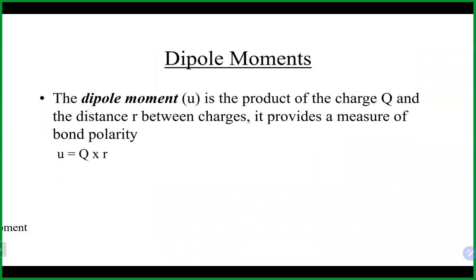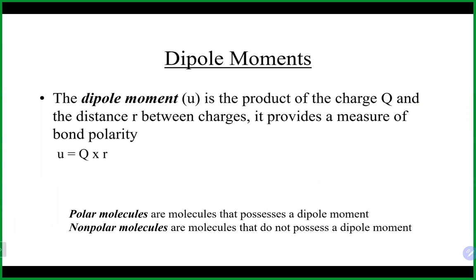The next thing we're going to talk about here, the last thing in this chapter, is dipole moments and molecular polarity. Molecular polarity is talking about the entire molecule as a whole and whether or not the electrons as a whole are being shared equally or unequally.